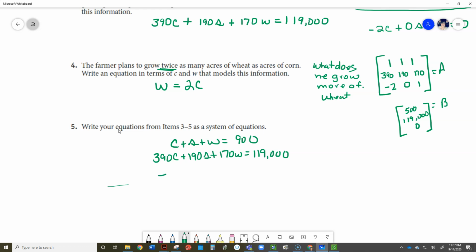And then this is negative 2C plus 0S plus 1 wheat equals 0. So there is your system of equations, and then we turned it into this, and now you can type that in your calculator and find out how many acres of corn, how many acres of soybean, and how many acres of wheat. Corn equals, soybean equals, wheat equals. I can see that these questions will most likely end up being your homework.